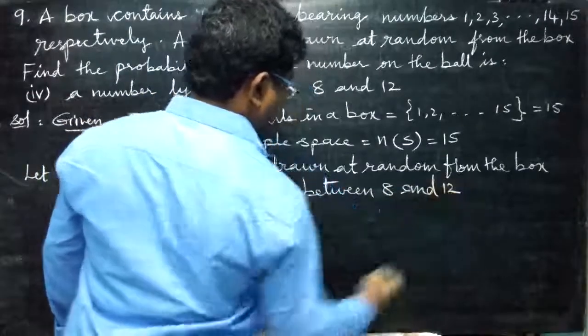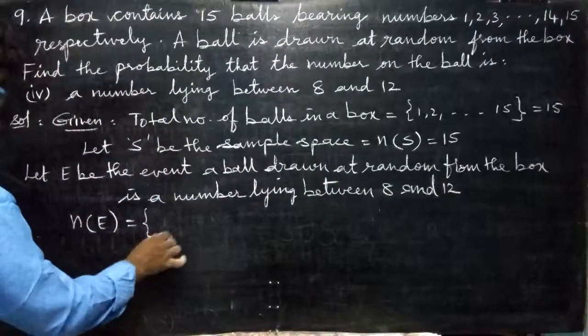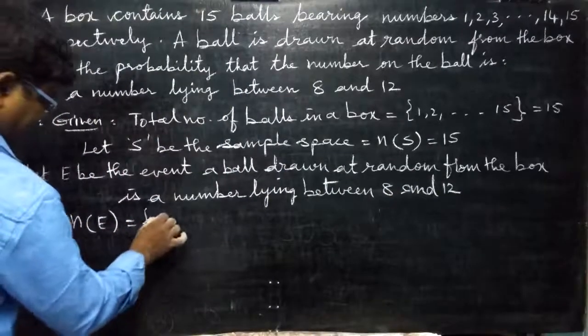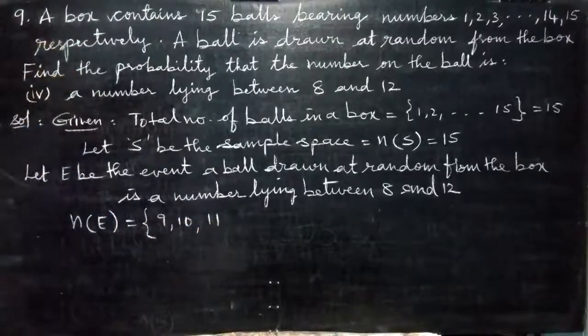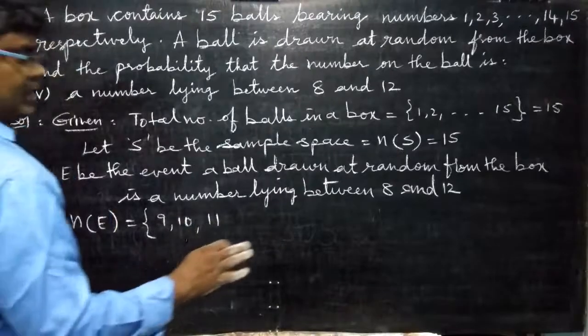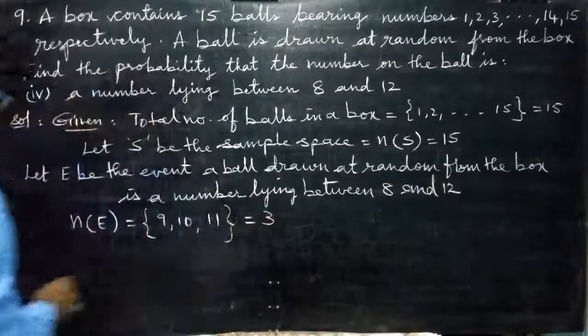Easy problems. Now N of E: between 8 and 12, after 8 comes 9, 10, 11. That's all. These 3 balls. 8 will not be included, 12 also will not be included. How many are there? 3 are there.